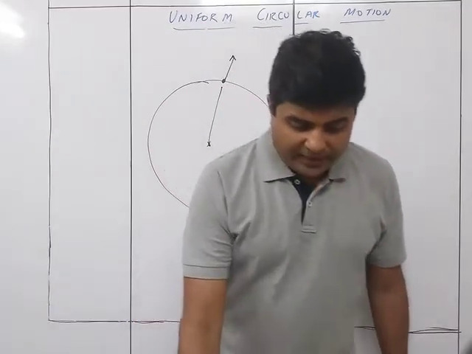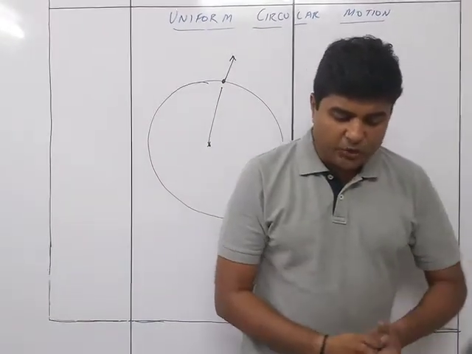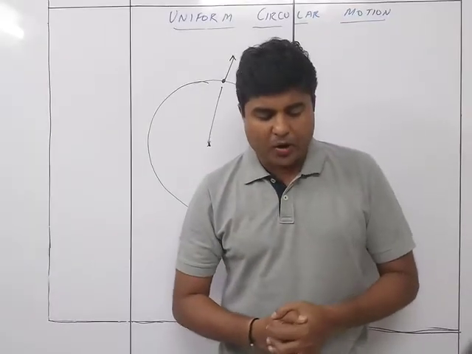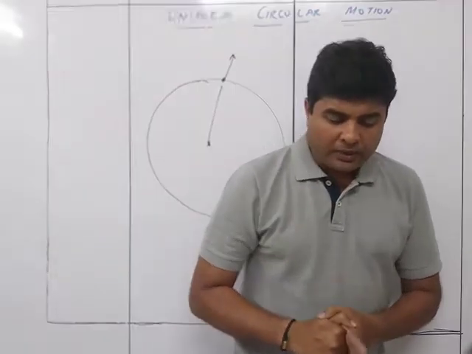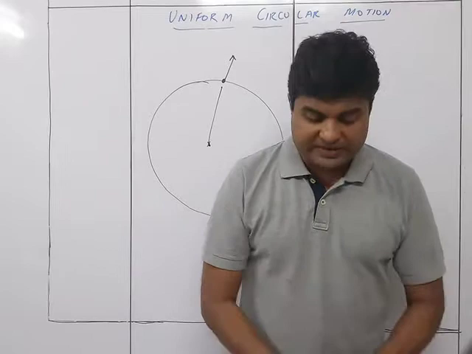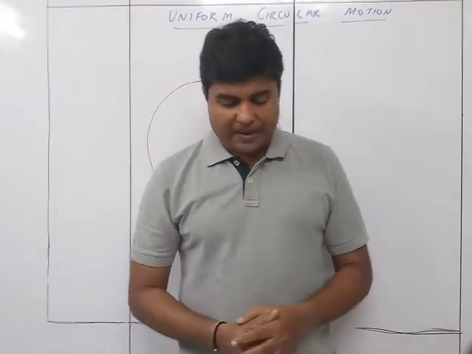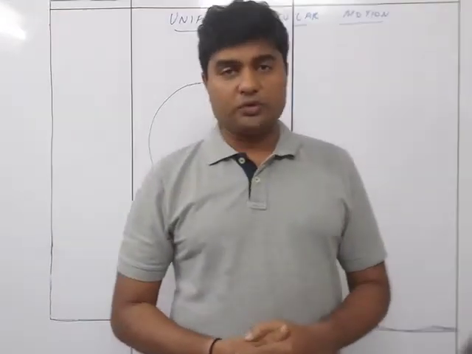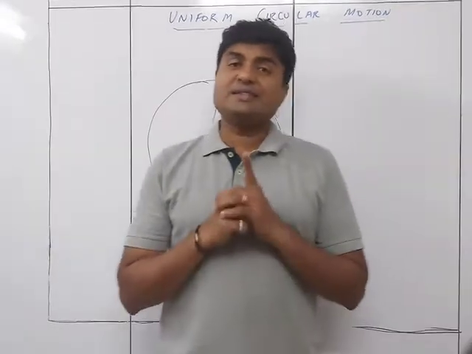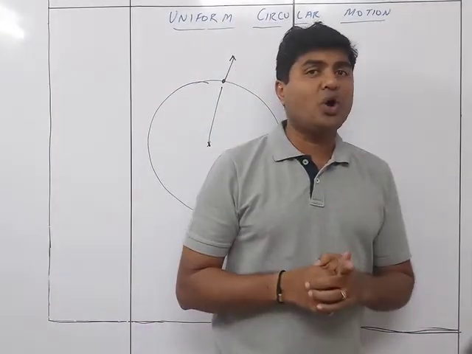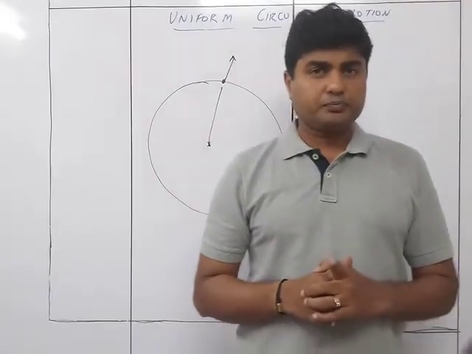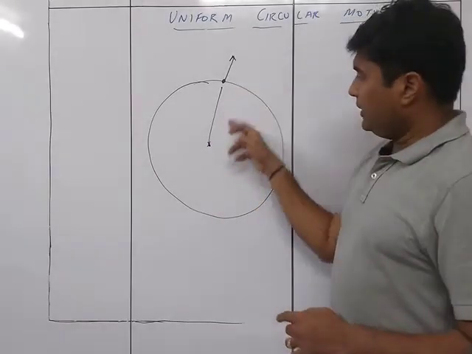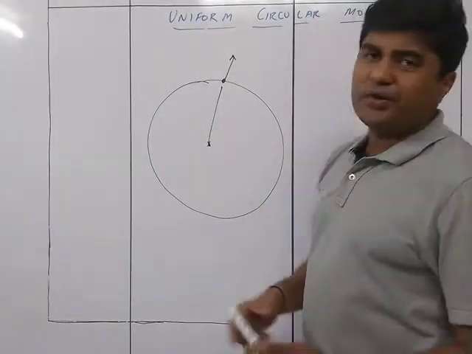Okay, so here it is defined as a force assumed by an observer moving with the body to act on the body in the direction away from the center of the circular path is called centrifugal force. Now we can see over here that centrifugal force is not a reaction force. Now what is the magnitude of the centrifugal force?